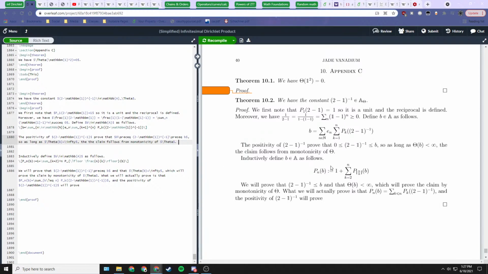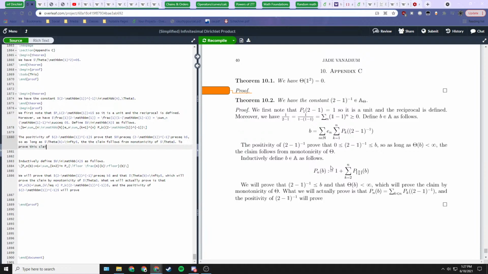Yes. So to prove this claim, we will find an induction. There's a lot of really interesting calculations here.